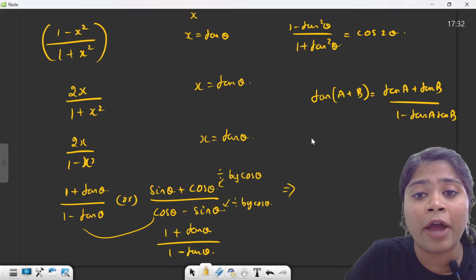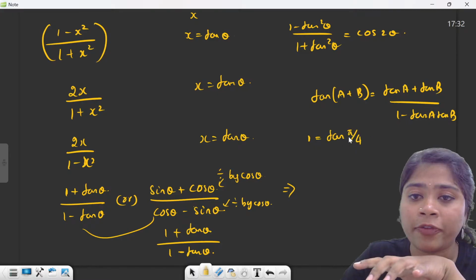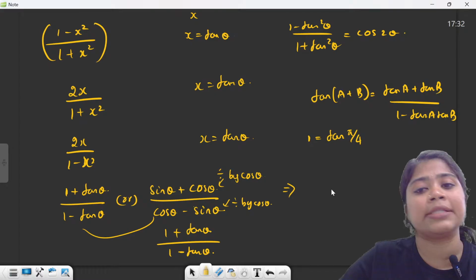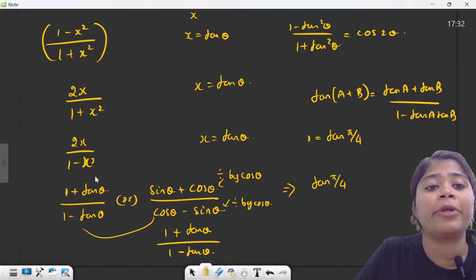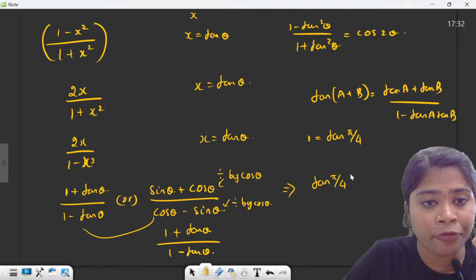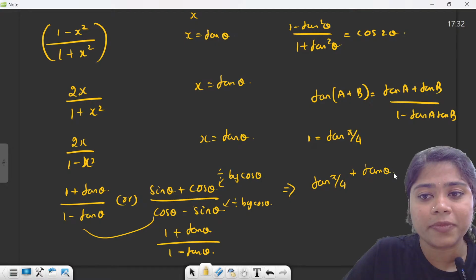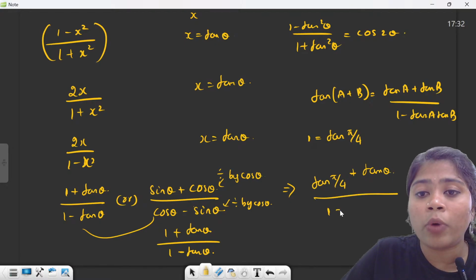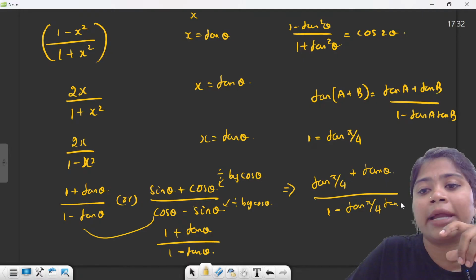You have to replace 1 as tan pi by 4, tan 45 degrees is 1 only, no? That's the logic. So this expression can be written as tan pi by 4 plus tan theta divided by 1 minus tan pi by 4 into tan theta.